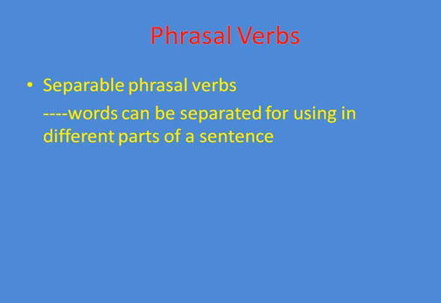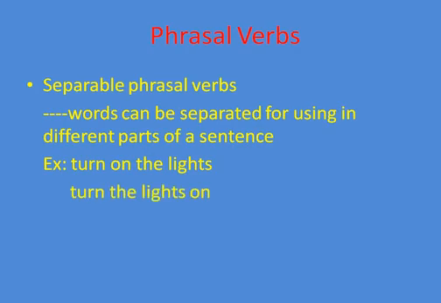For example, turn on the lights is the regular way of expressing a sentence. Turn on is the phrasal verb. What are we turning on? We are turning on the lights. You can separate turn and on and bring something else in the middle, like turn the lights on.